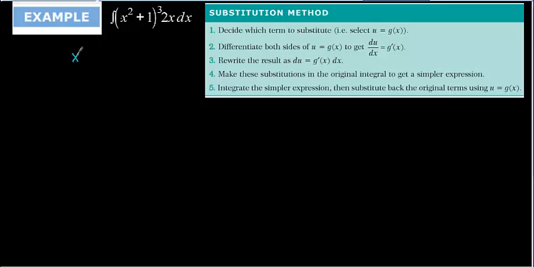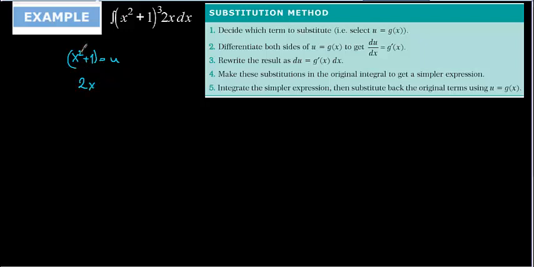That's why if we choose x squared plus 1 as u, then getting the derivative of this expression is simplified for us, and the derivative of 1 is equal to 0. So if we get the derivative of this side, it's going to be equal to 2x.